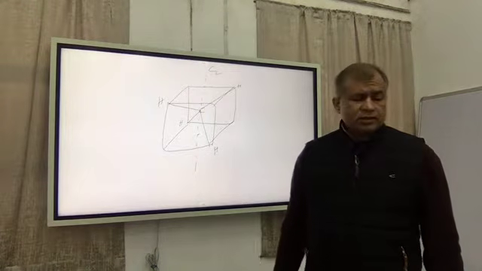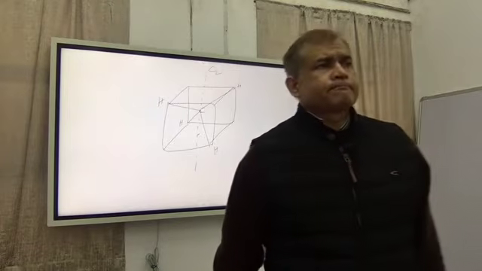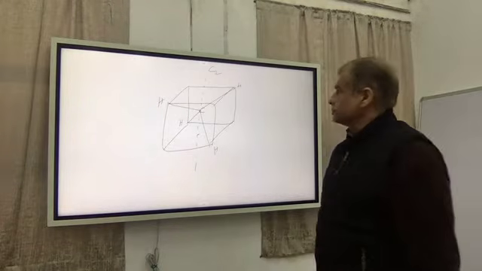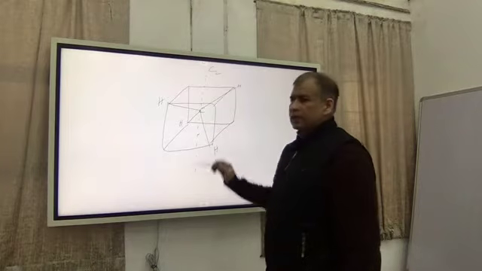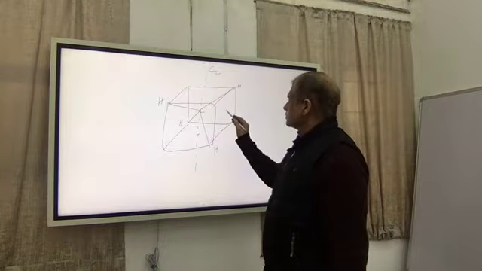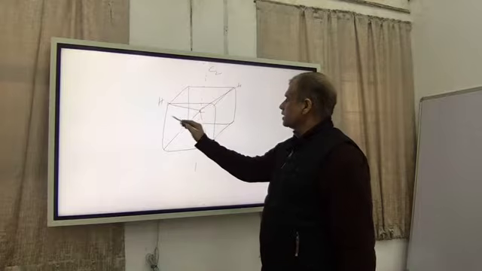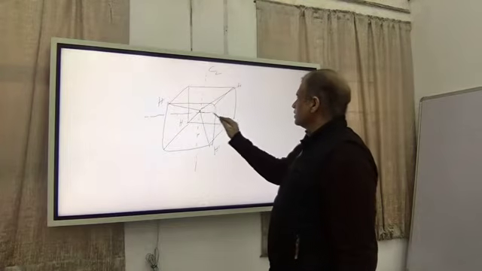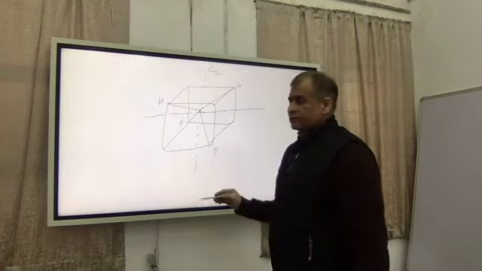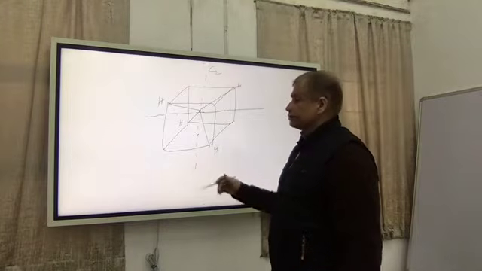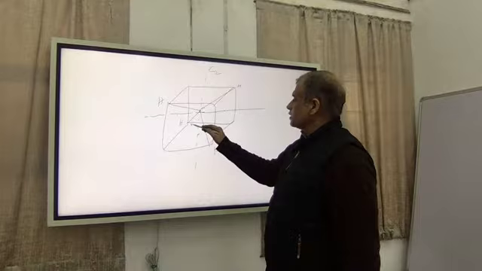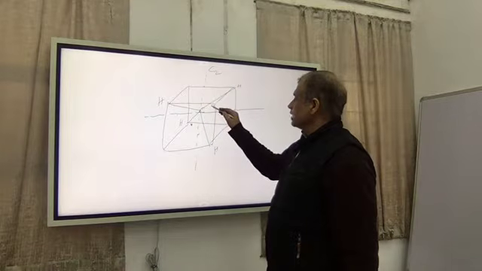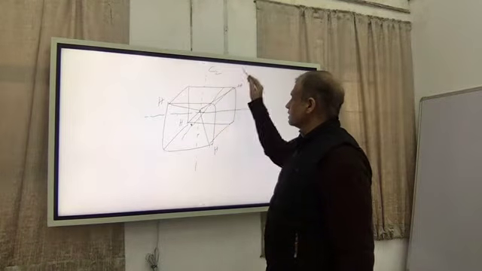If I ask you how many C2 axes are there, then I hope you can see that there are three C2 axes and they can be made by joining. The second one can be made by joining these two face centers of the imaginary cube. And the third one can be made by the face center of this cube face and that face, something like that.